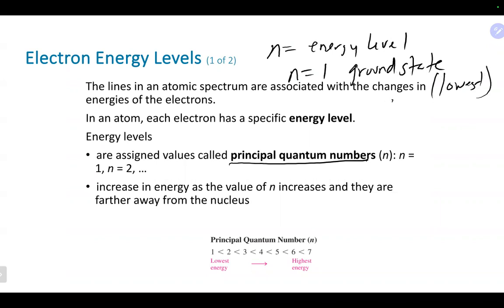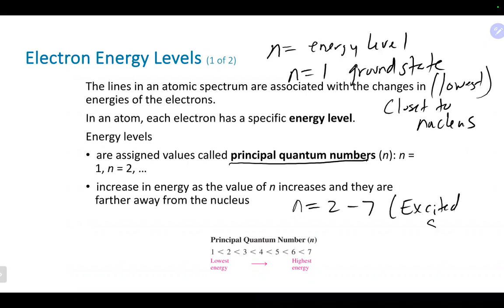And I would also put it closest to the nucleus. Anything that is basically n equals 2 through 7, those are what are referred to as excited states. Those are obviously then going to be higher in energy. And you do get further away from the nucleus as you continue up that scale towards 7.